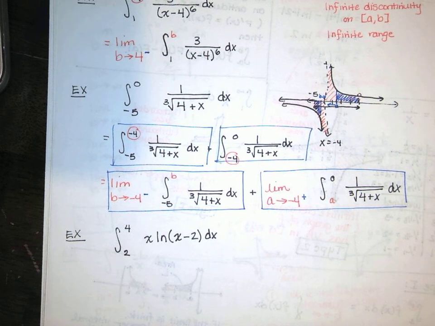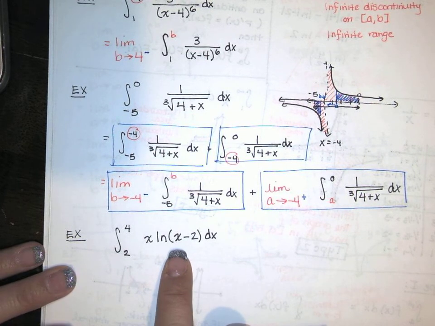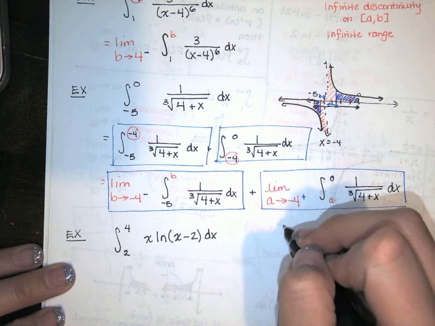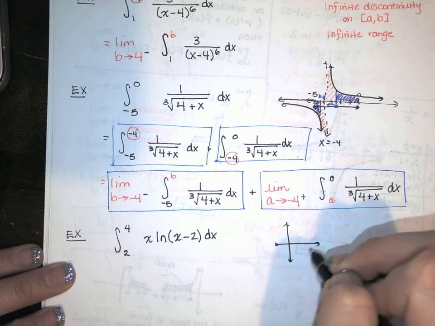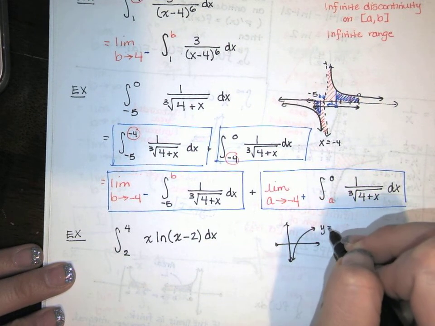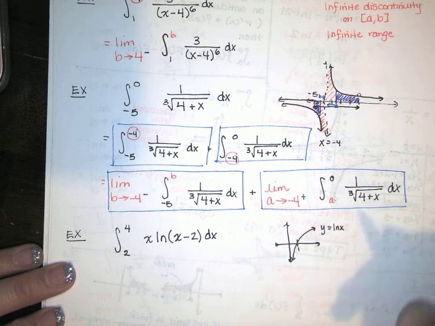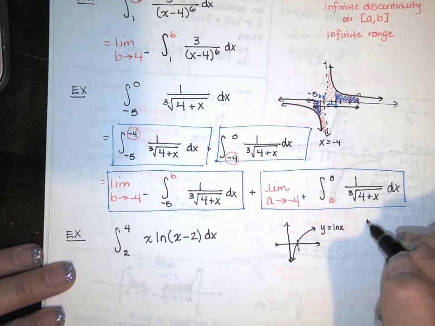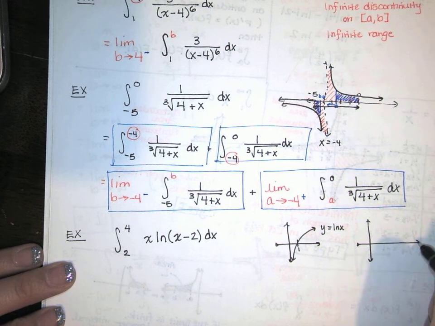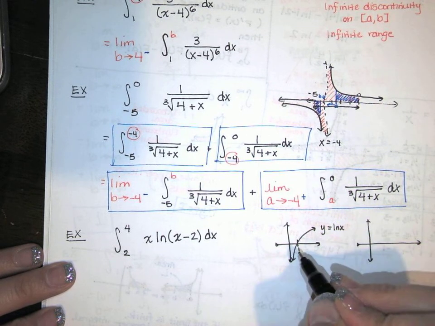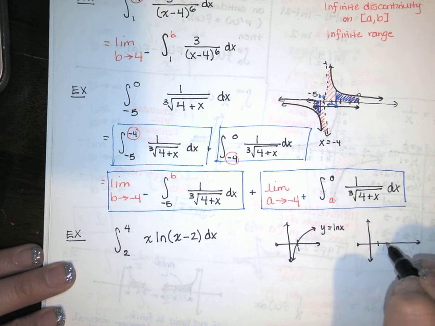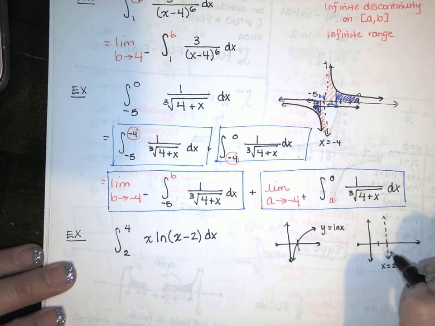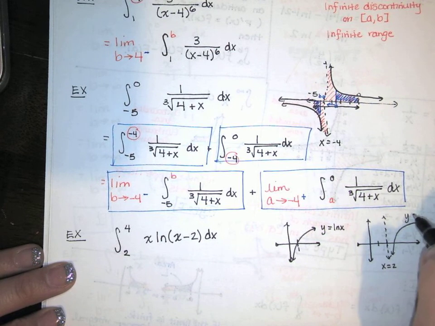In order to recognize it as an improper integral, you have to remember what natural log of x looks like. Natural log of x, remember, it looks like this. So if I replace the x with an x minus 2, it's probably been a while since transformations in college algebra, you take this whole graph and you shift it 2 units to the right. So it looks like that instead. That's y equals natural log of x minus 2.